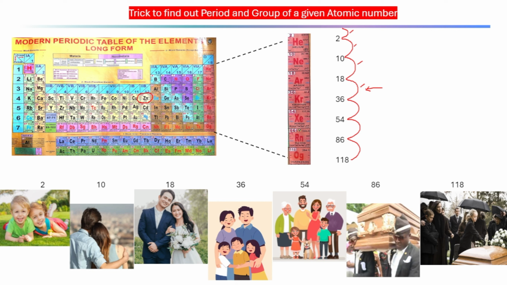Now how to find out the group number? To find out the group number, you have to subtract the previous inert gas element's atomic number from the given atomic number value. For example, if you are given atomic number 30, so your A is 30, you have to do A minus I, the previous inert gas element.